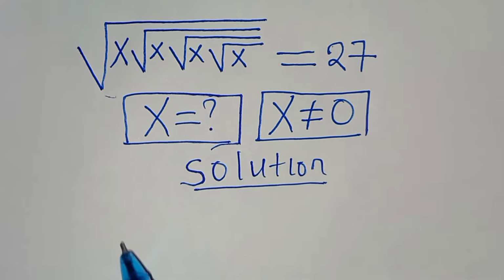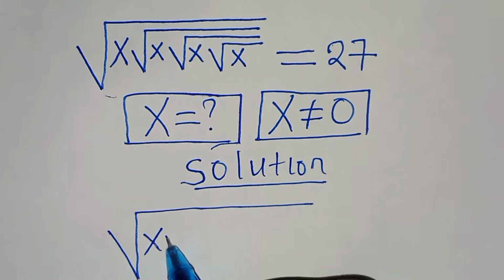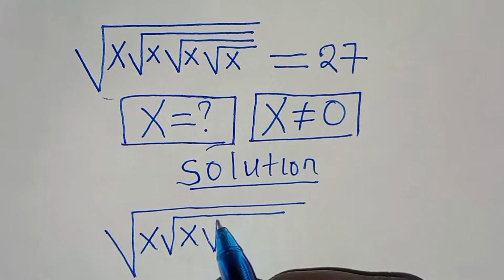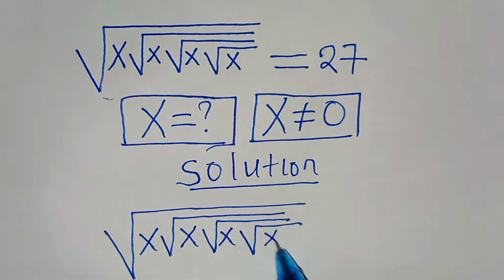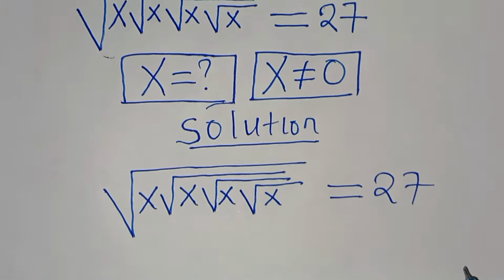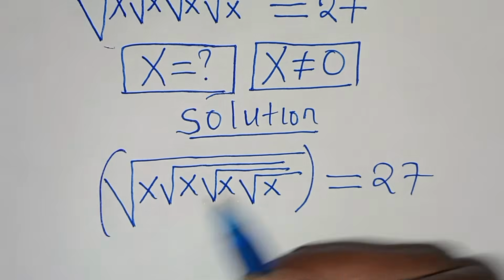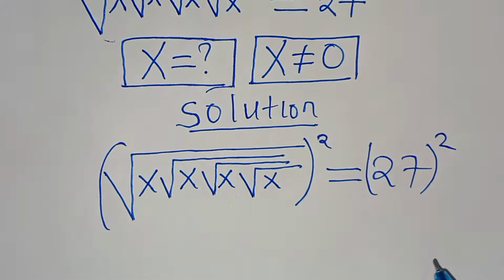Now, we have the square root of x multiplied by square root of x multiplying by square root of x, then multiplying by square root of x here. This is equal to 27. The first step to do here, let's square both sides so that now we eliminate the first square root sign.